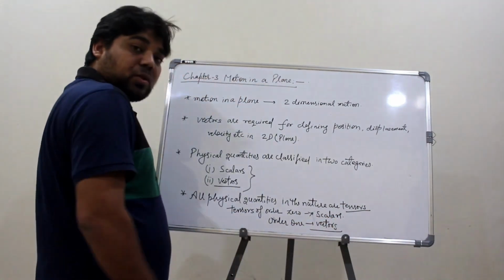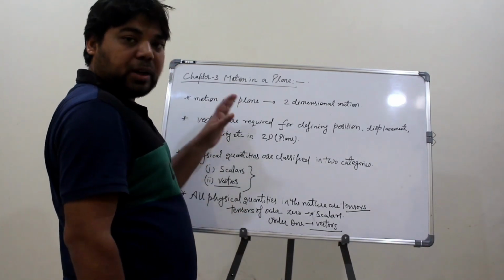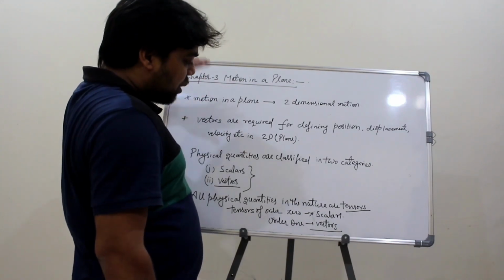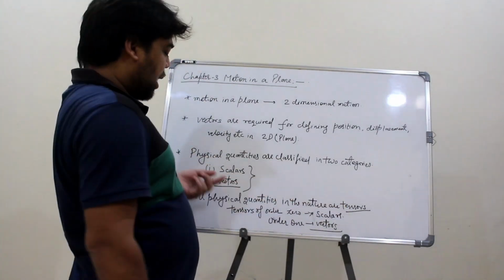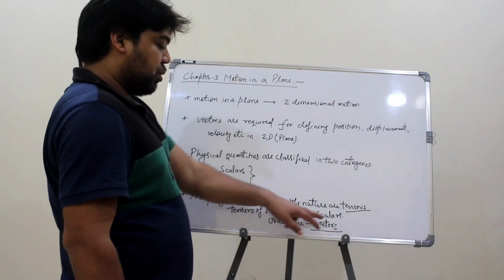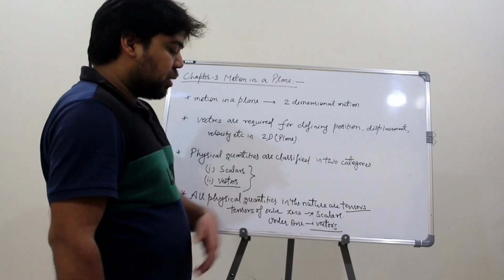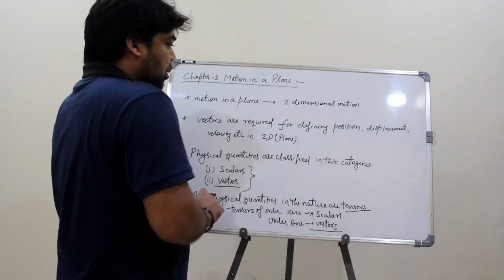So physical quantities are not just classified into two categories; there are higher categories also. The general category is tensor, and the particular categories are scalars and vectors. So an order 0 tensor is a scalar, and an order 1 tensor is a vector.